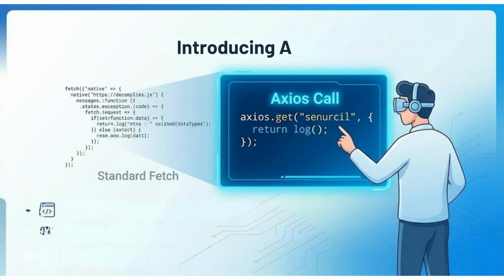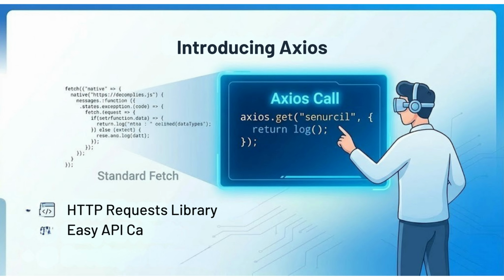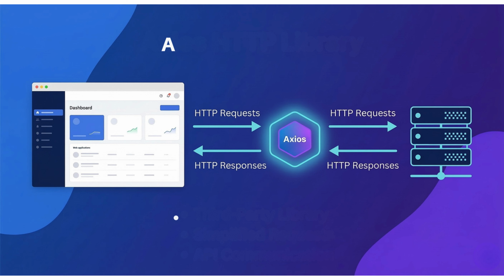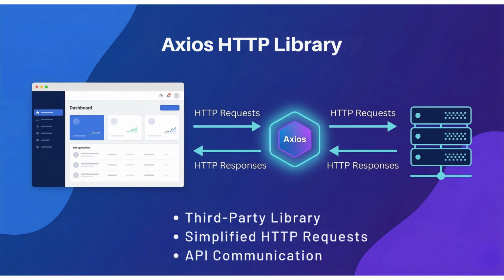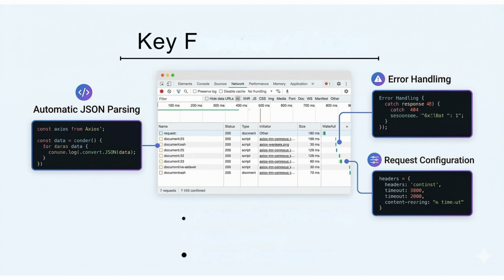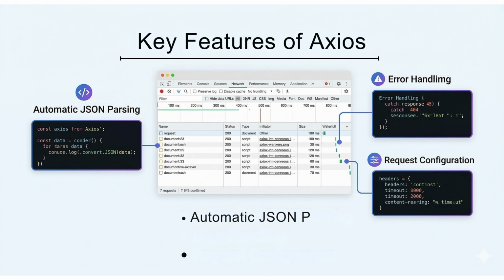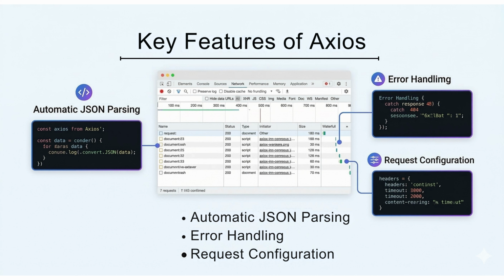Axios in React. Another popular tool for making API requests is Axios. Axios is a third-party library designed to simplify HTTP requests. It provides helpful features such as automatic JSON parsing, improved error handling, and easier request configuration.